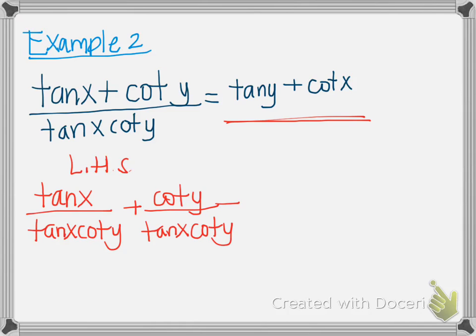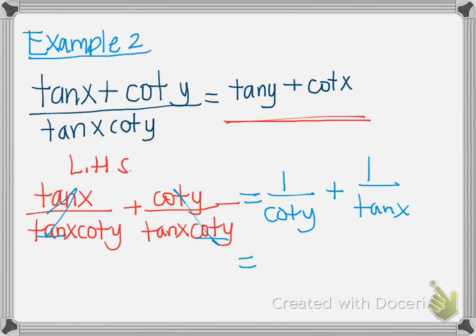And we see some beautiful things happen because we have multiplication, so we can factor the tan x factors and the cotangent y factors, and we are left with 1 over cotangent y plus 1 over tangent x. Looking at our reciprocal identities, 1 over cotangent y is, you guessed it, tangent y, and 1 over tangent x is cotangent x. So this is our right-hand side.